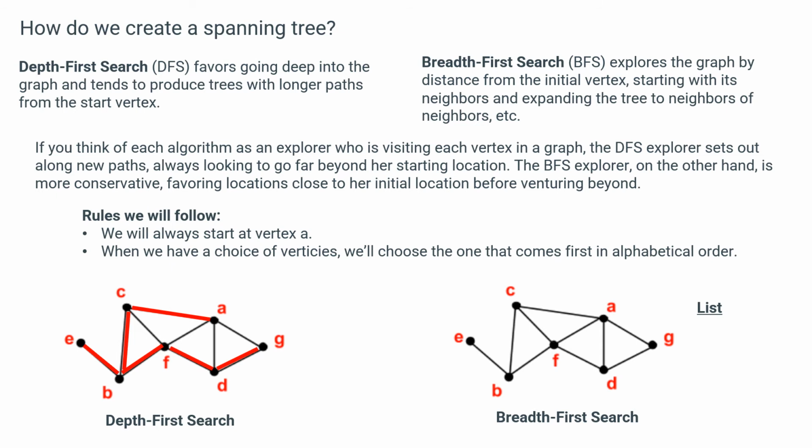Okay, so I'm at A, so I need to take care of all of the neighbors of A. So I'm going to say that I'll start with A to C, and C has a neighbor of B, so I'm going to put that on my list. I don't want to go there yet, right? Because I have to take care of all the neighbors of A first. So I'm not going to go to B, but I'm going to put that on my list.